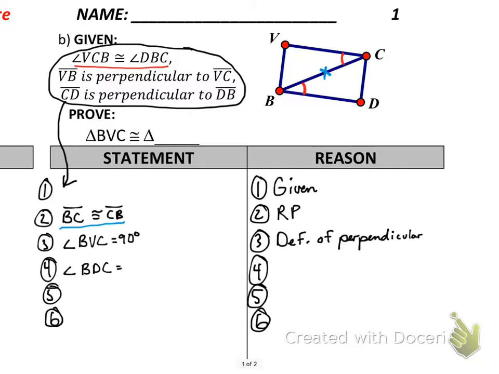We're talking about CD, that segment on the right, is perpendicular to DB, the one at the bottom. So that means that the angle formed between it, which is angle BDC, is 90 degrees. For the same reason, I'm going to do a shorthand. So if you want to do definition of perp for perpendicular, or I'm going to do definition of perpendicular and write the notation. I'm fine with an abbreviation or substituting it with a notation.